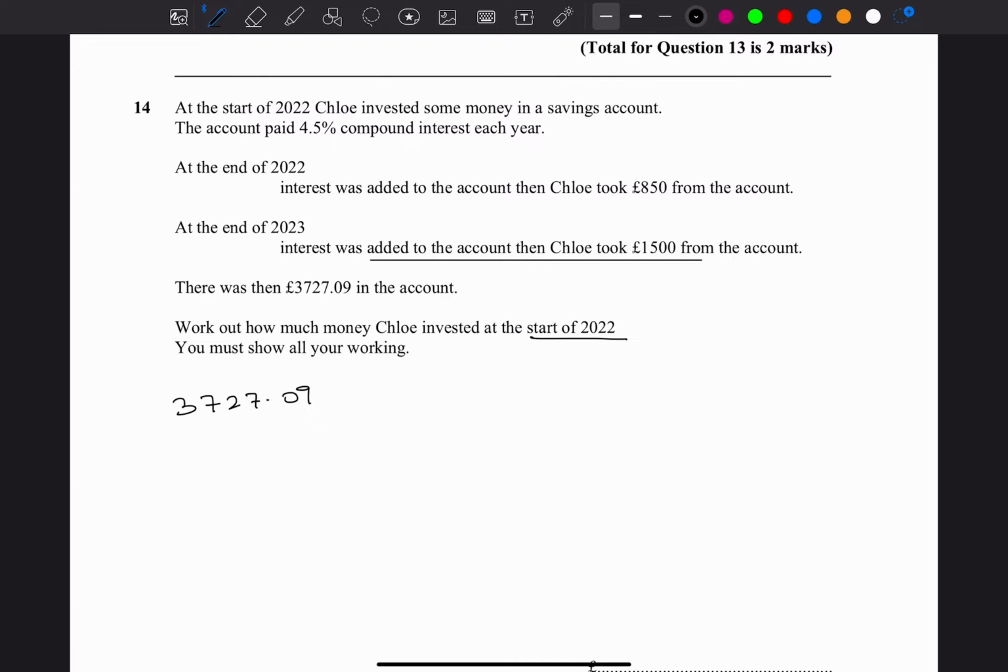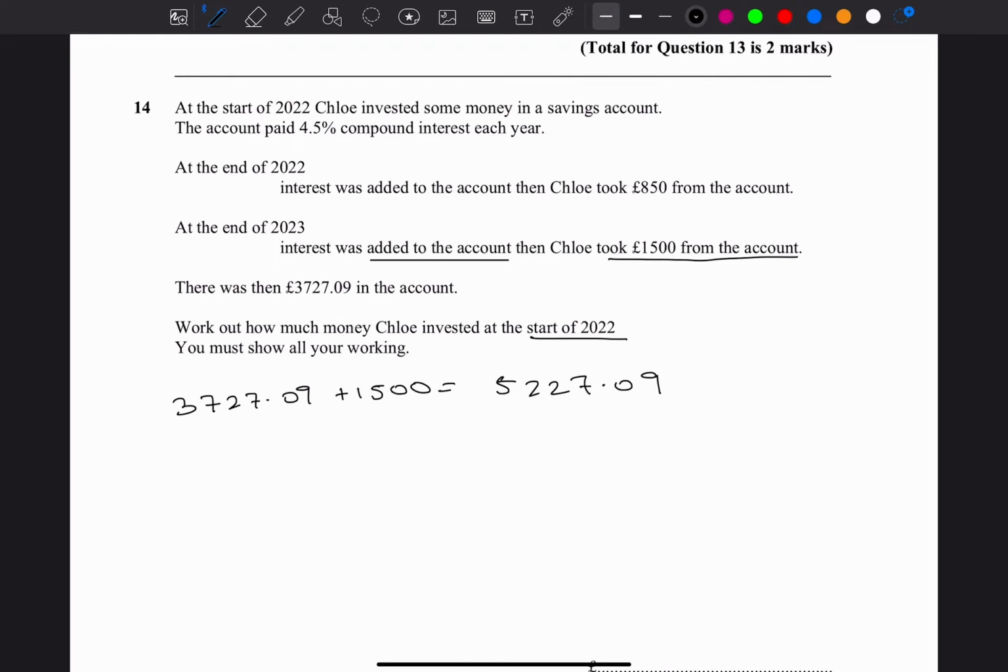Then interest was added to the account. Then it took 1,500 away. So add on 1,500, which will give you 5,227.09.